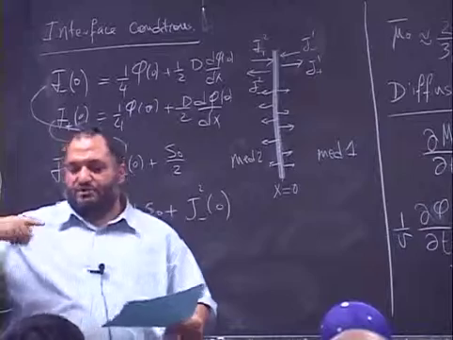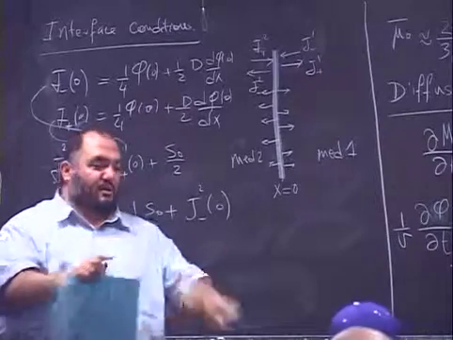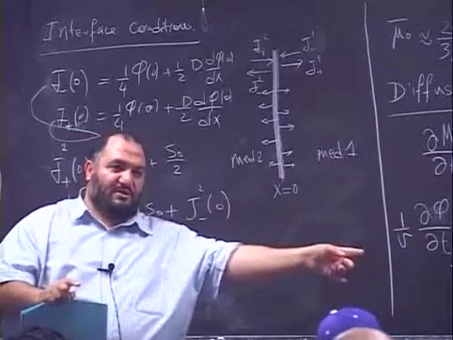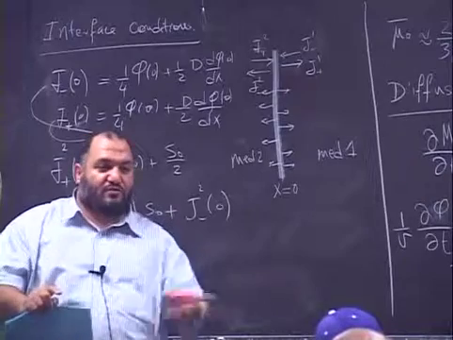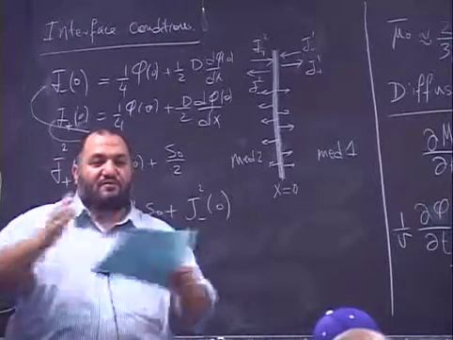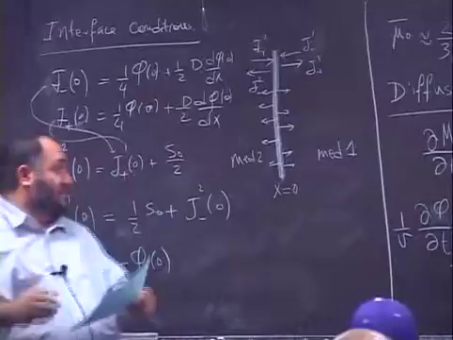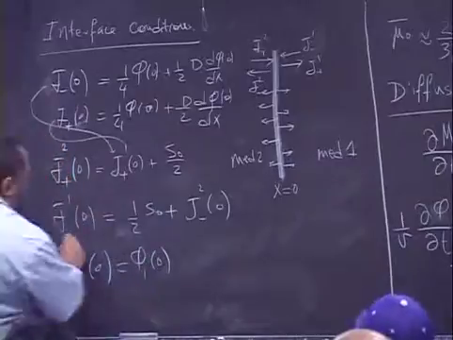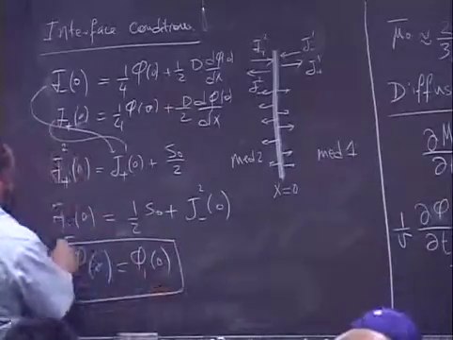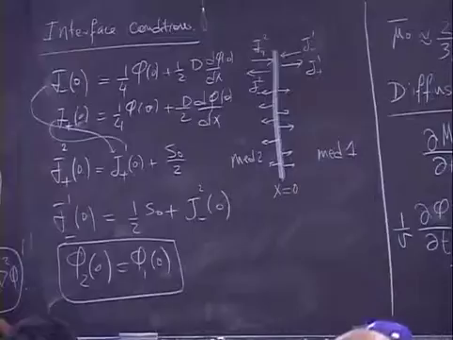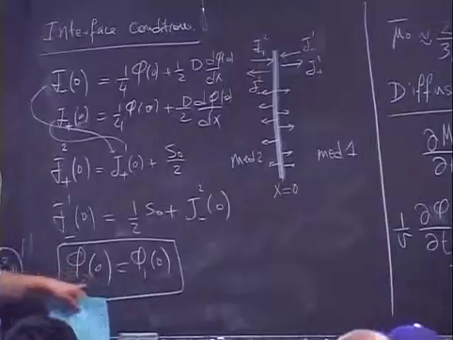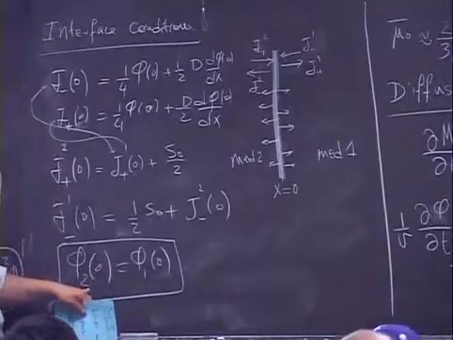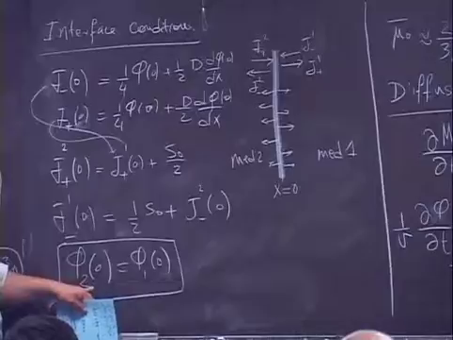So if the neutrons are coming in this direction, and in the other medium the neutrons are coming in the same direction, there is some contribution from the source. But for the flux itself, no. The flux is continuous at the interface. So if I give you a problem to solve in the homework, and you look for an interface between two media, the first thing you have to think about is the continuity of the flux at the interface.